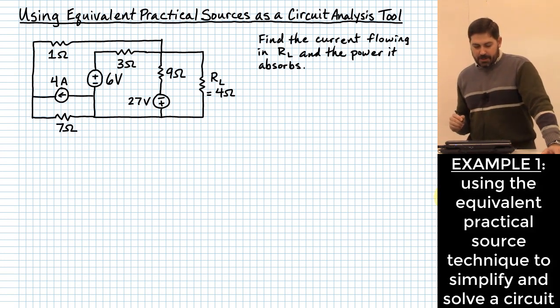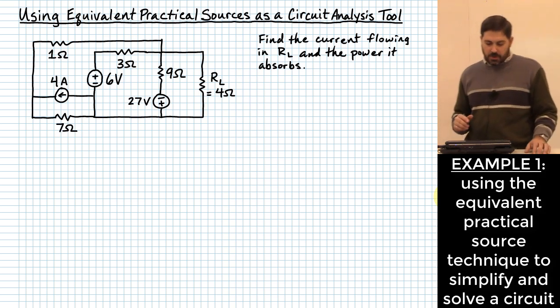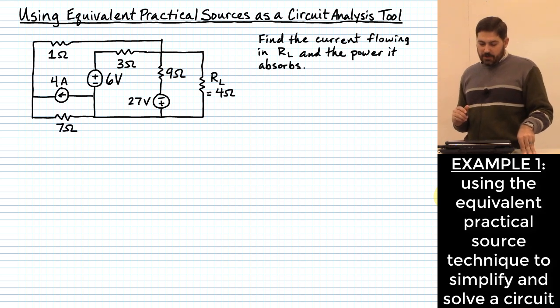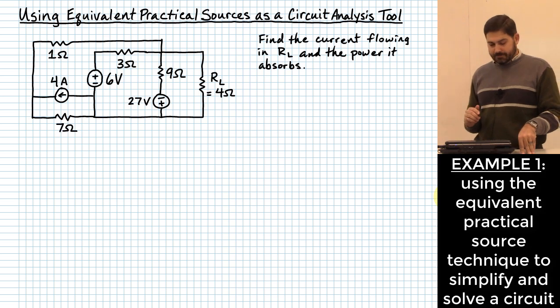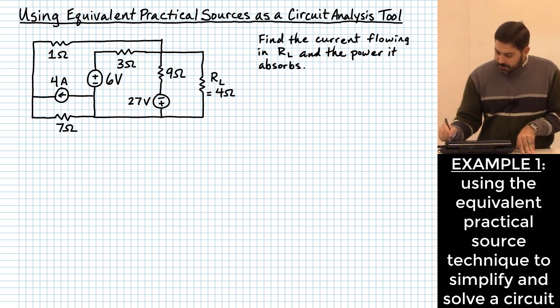Here's a big old circuit. I've got 3 different sources in there, 2 voltage sources and 1 current source. And the instructions say find the current flowing in RL and the power that it absorbs. Okay? And I'm going to write up here, so that we don't forget it, VS is equal to IS RS.